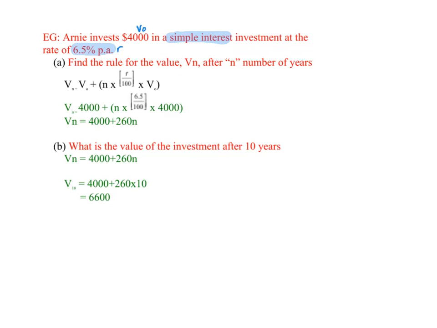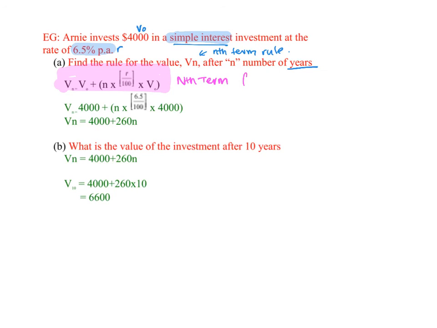So find a rule for the value Vn after n number of years. So that's good. They want a yearly formula. So if you go and look at simple interest and what they've just said, they want the nth term rule. So here I've written out the formula. This is the formula that we use to find the nth term.